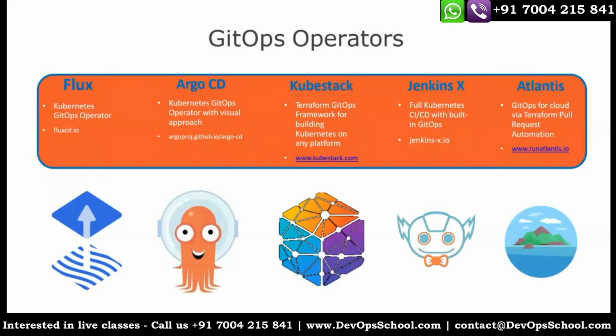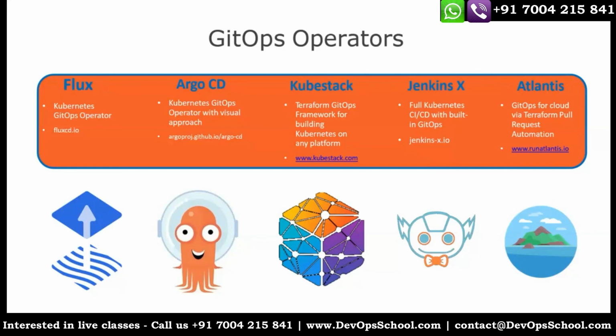GitOps operator. Okay, so this is the operator. And by the way, this is not a complete list. Four, five more are there, but they're missing from this list because too many tools are being introduced nowadays and we get confused all the time. So one of the popular ones is Flux. Now, why is Flux popular?